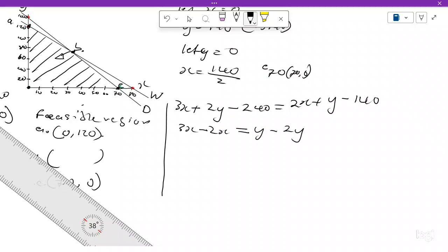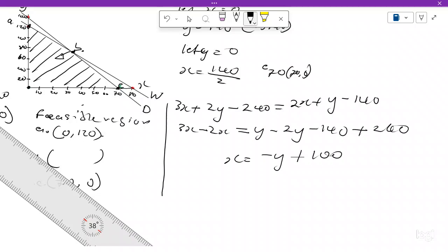This one must also go across: minus 140 plus 240. Then these two, you can see now it's going to be x. So our x is going to be negative y plus 100. That's our x.